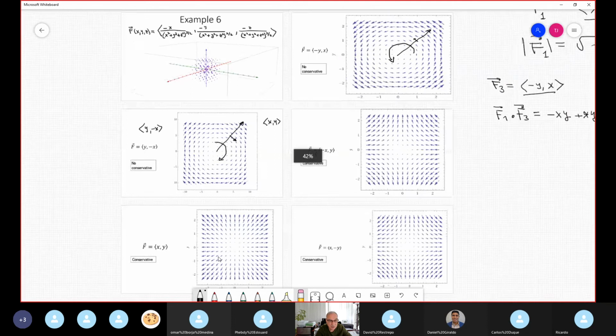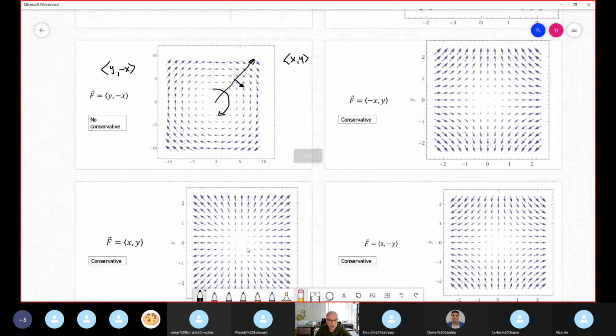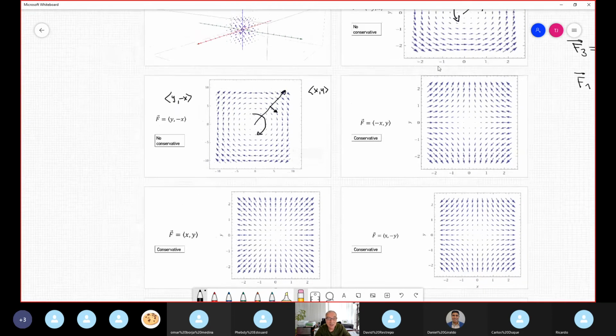This is the famous radial, que radial no rotate. Entonces, this is conservative. This is no rotate, it's conservative. O sea, when the vector field is irrotational, not rotational, it's conservative. Yeah, I want to explain the word conservative. What is that? And when they rotate like that or like that, then it's no conservative. No conservative.